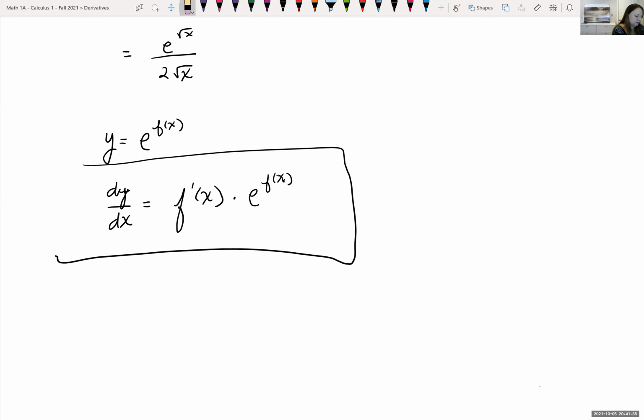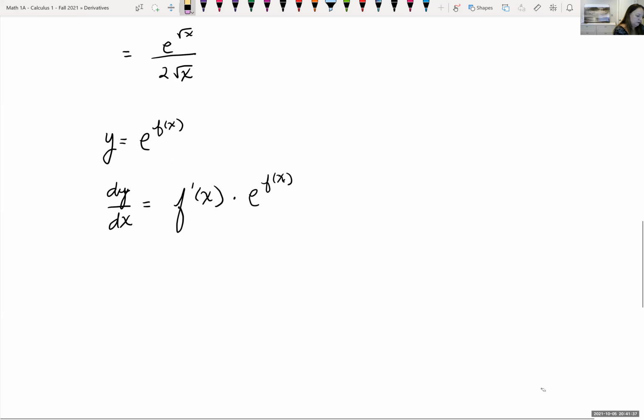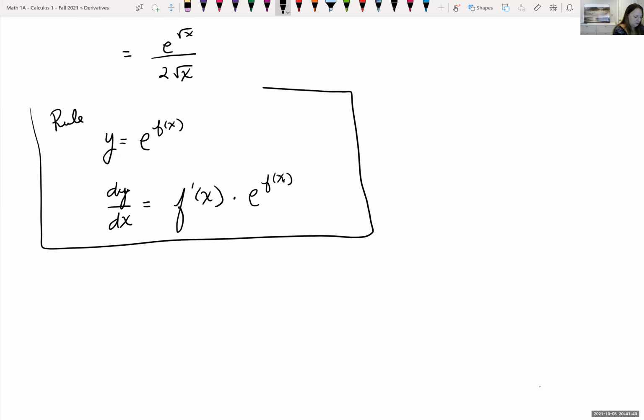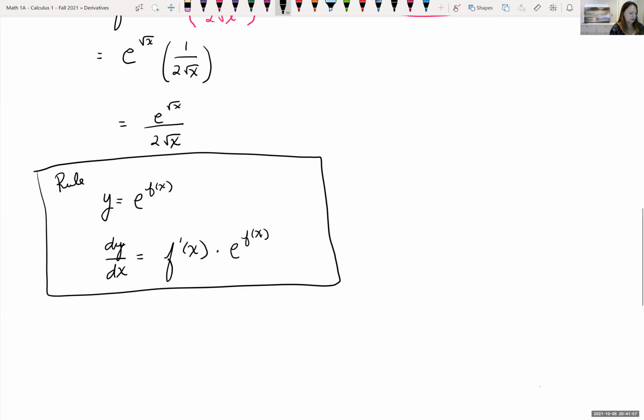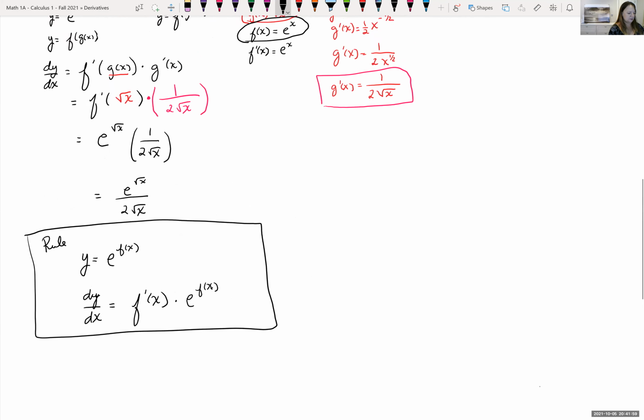And that's a rule. Notice that's exactly what we got. We took the derivative of the exponent, the square root of x, and got 1 over 2 square root of x, times the original function, e to the square root of x, when we did this problem.